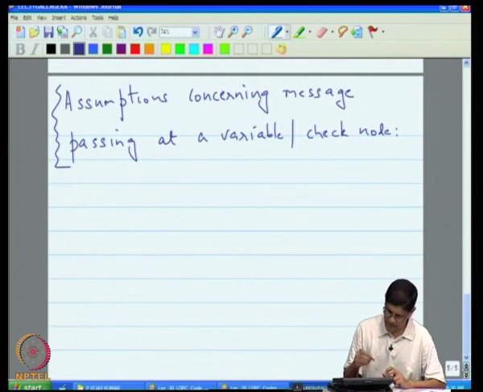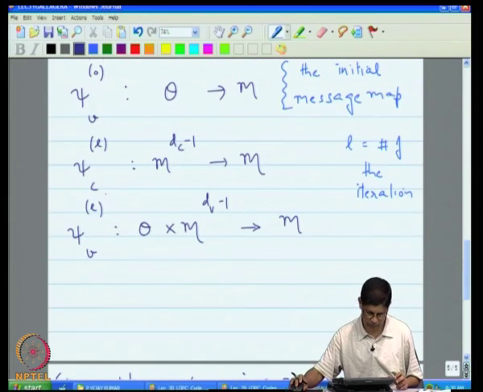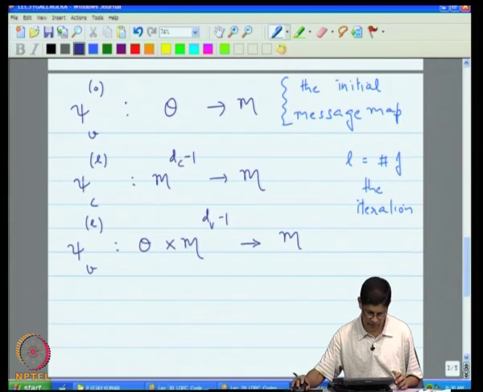So, we will write these down in terms of the same notation that we have introduced here earlier.